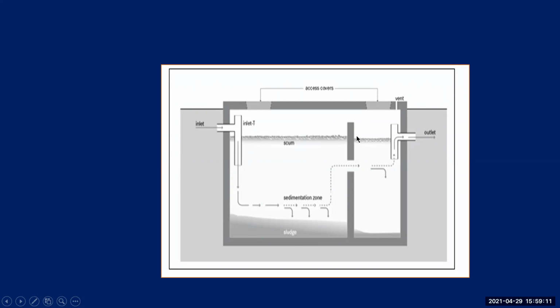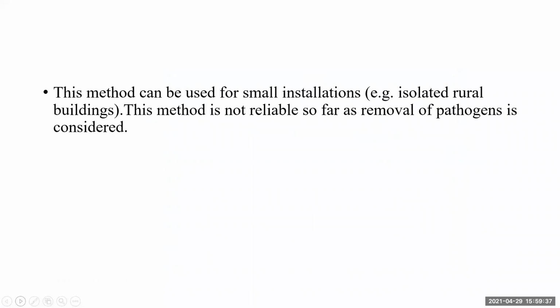A thick crust or scum is formed at the top, which will create anaerobic condition. And the clear effluent that gets separated above the sludge is removed through the outlet. Sometimes gas ventilators are also provided. So this is the basic construction of the septic tank.